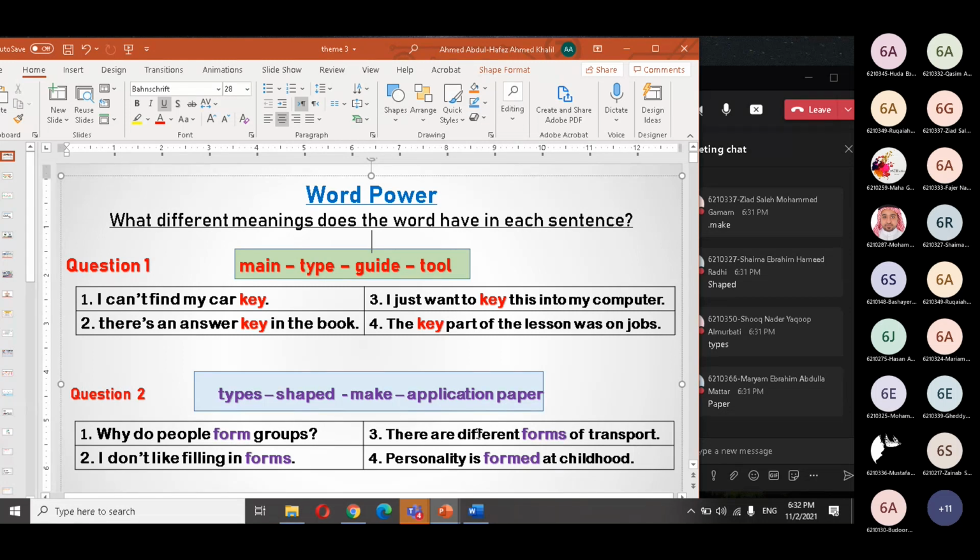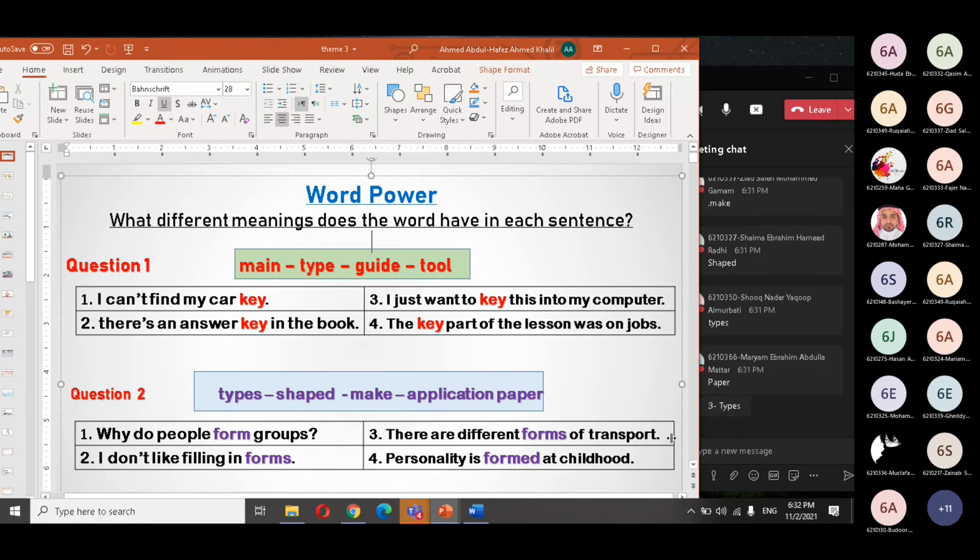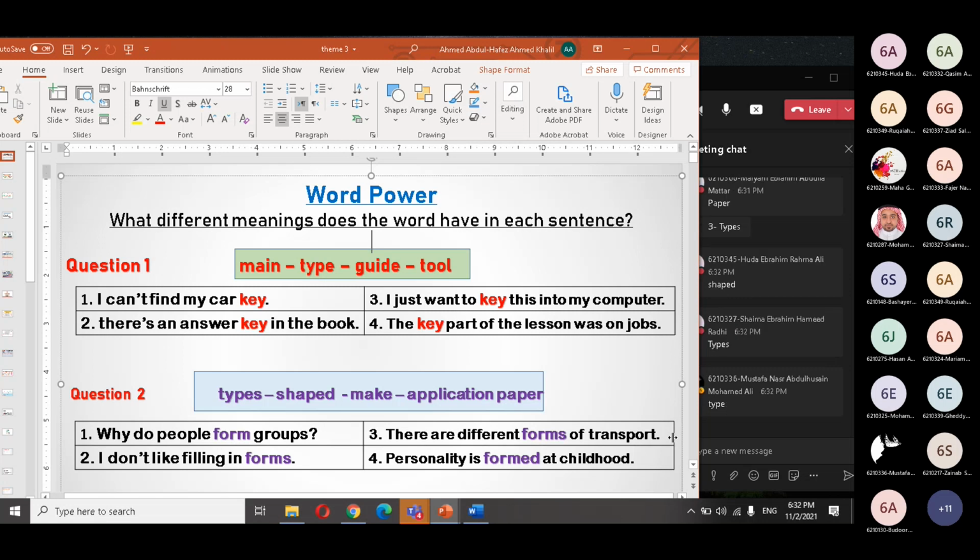Number 3, there are different forms of transport. There are different forms. شبت. انت عارف shaped يعني ايه؟ shape يعني شكل. Types. يشكل. shaped Types. معناه يشكل او شكل. هنا فعل يشكل.